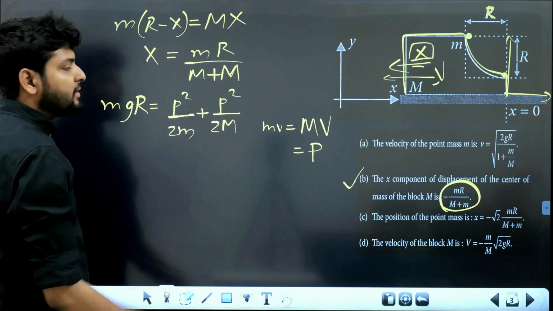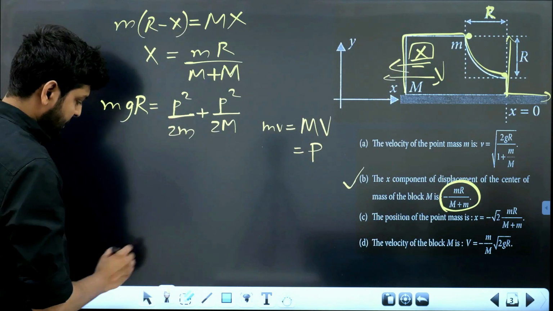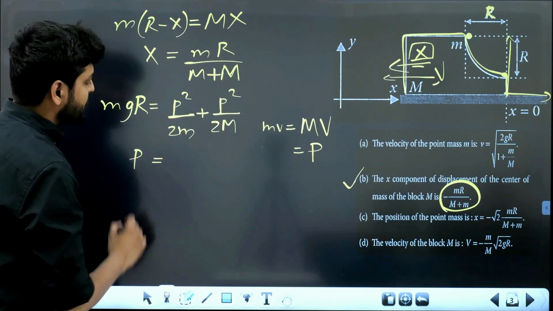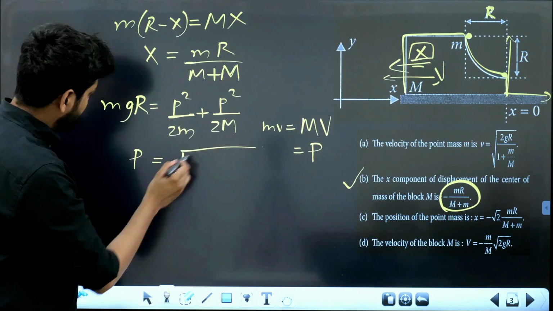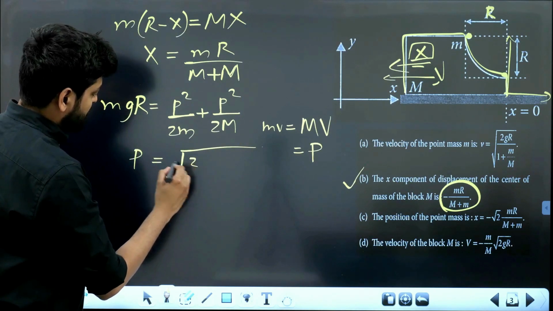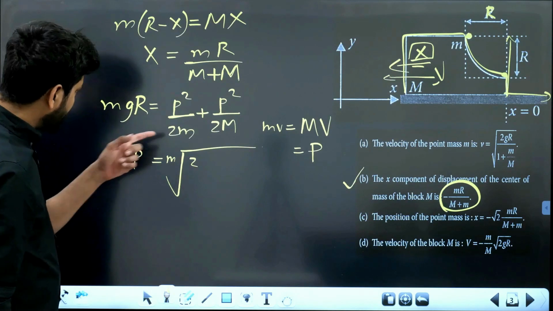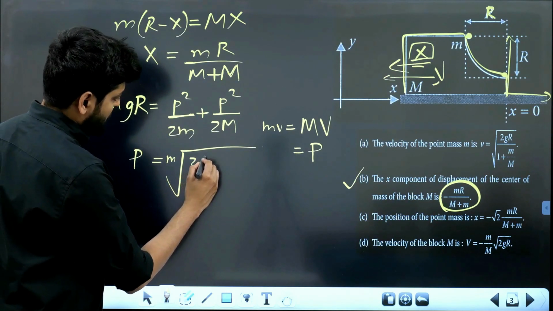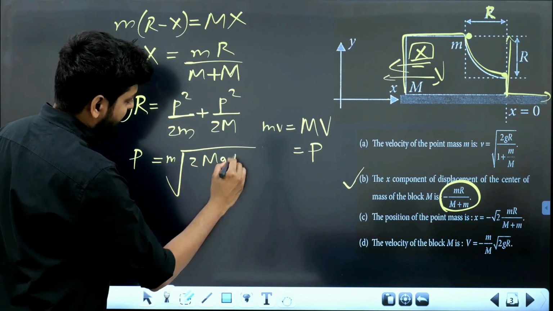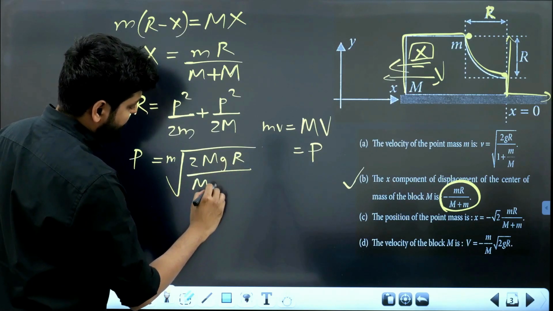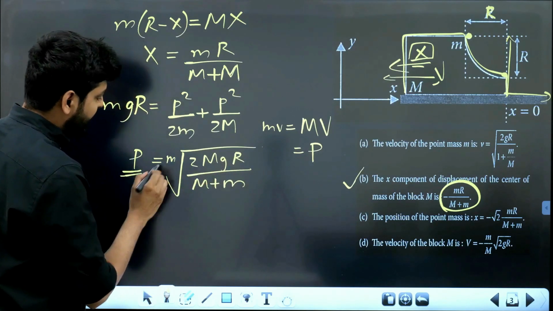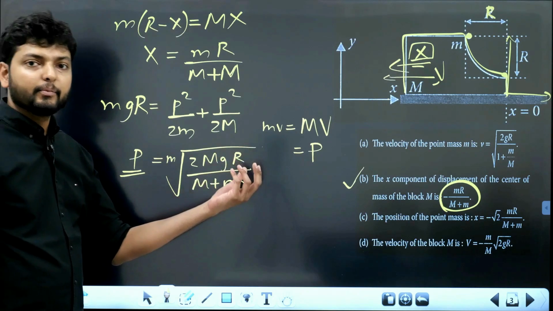So rearranging this, we can directly write P is equal to root of 2, one m will be outside, 2mgr by m plus M. So this is the magnitude of the momentum, right?